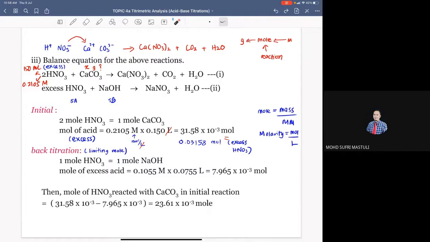As we understand, during the back titration, this excess nitric acid will be titrated with sodium hydroxide. You can imagine it here: on the top is sodium hydroxide, and the flask has excess HNO3.